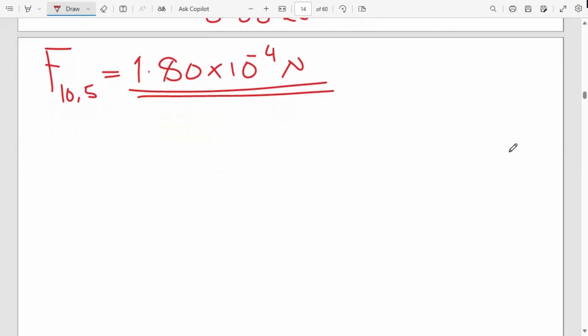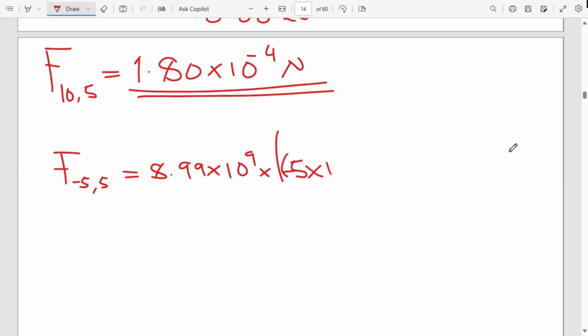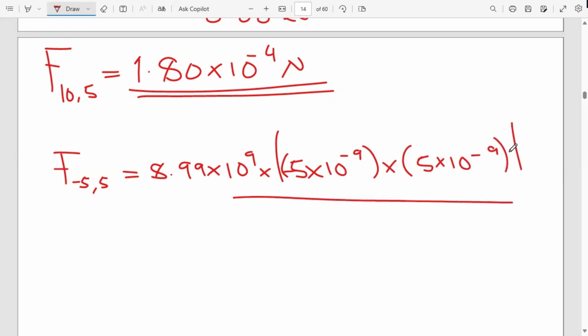We can now go to the next one, which is the electrostatic force of the negative 5 nanocoulomb charge on the 5 nanocoulomb charge. And as usual, this is also going to be equal to 8.99 times 10 to the power 9 multiplied by the absolute value of negative 5 times 10 to the power minus 9, multiplied by the 5 times 10 to the power minus 9, over the distance between the two charges, which is 0.03 squared.